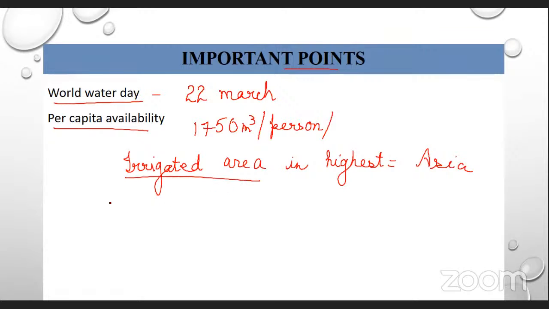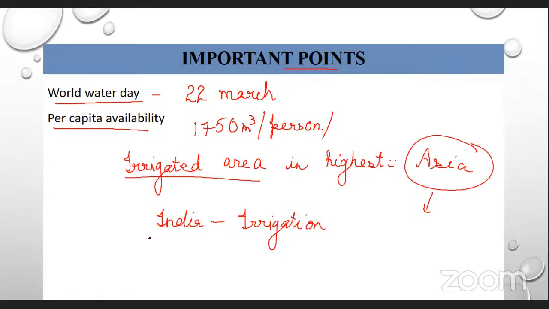And if we talk about Asia, India is the highest country giving irrigation water. So this you have to remember, because Indian irrigation is very important, and how much area India is contributing under irrigation also.